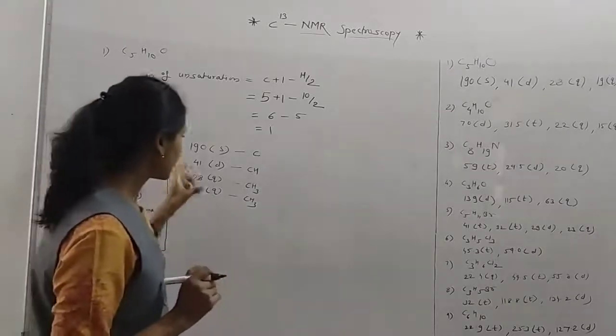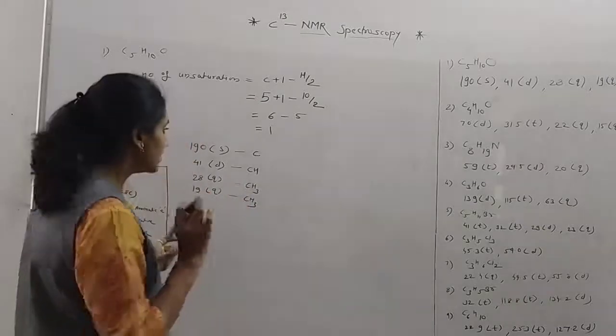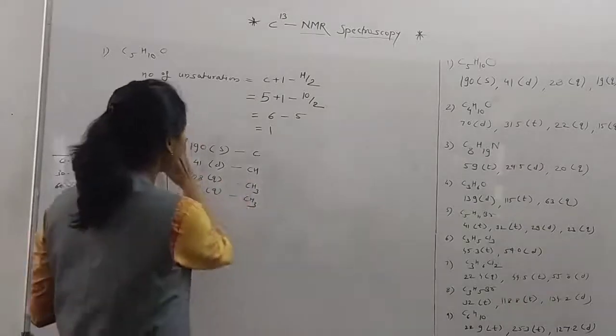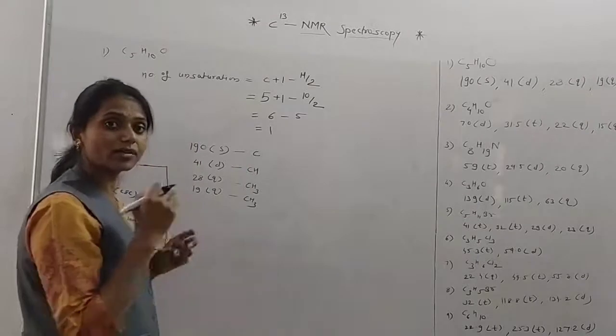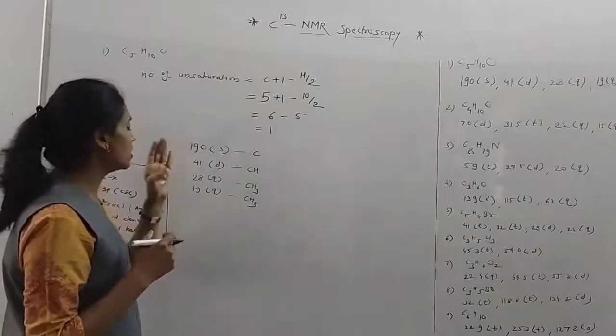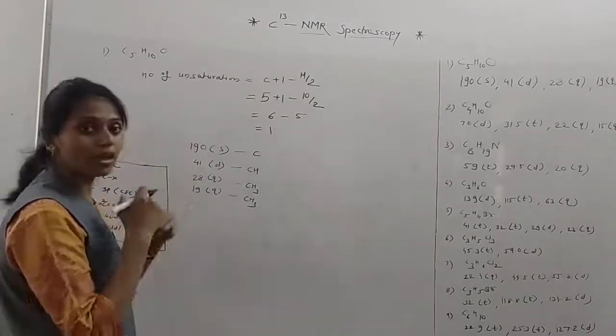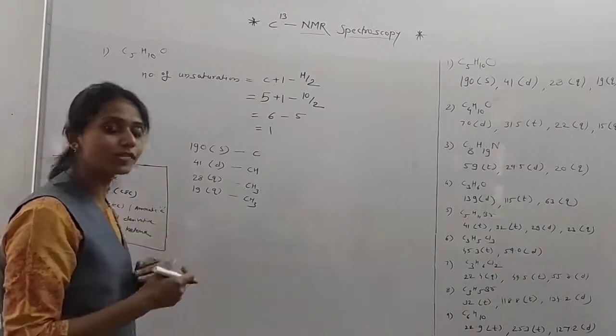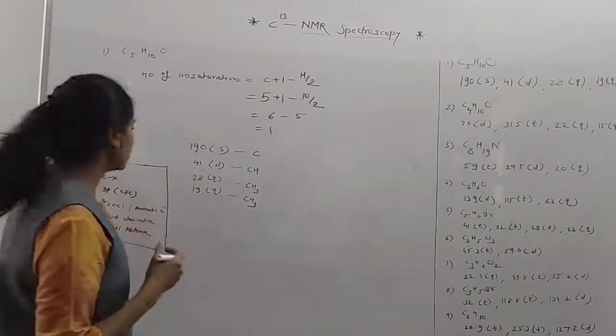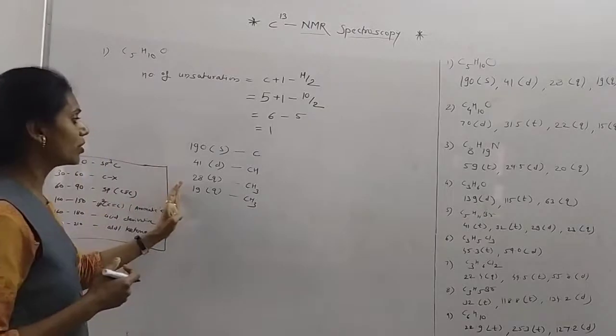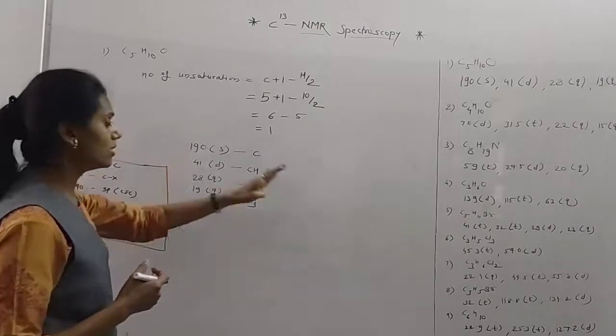This is most important: how many signals we have obtained. We studied in the second lecture of the first chapter the number of signals, position of signals, then the multiplicity. It is very important to solve the problems.